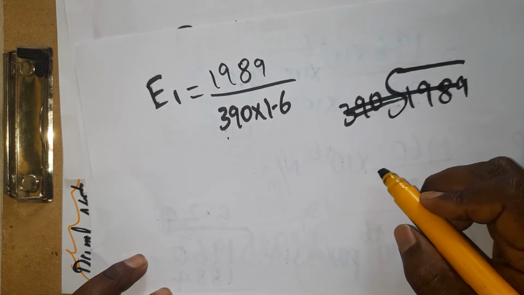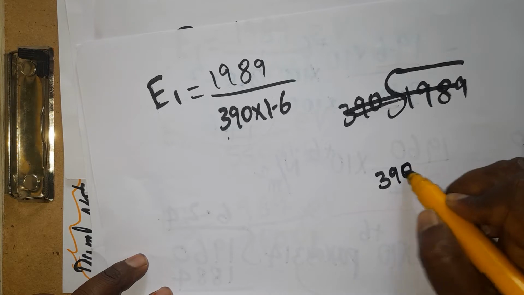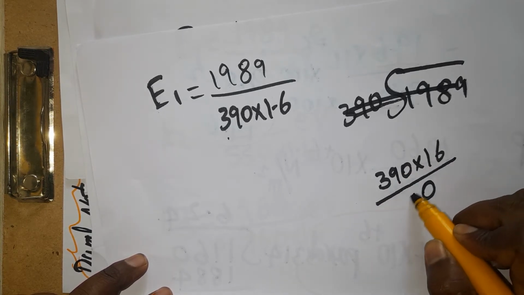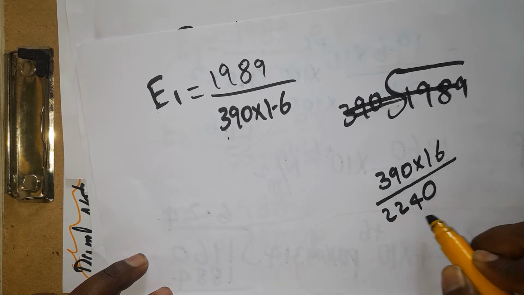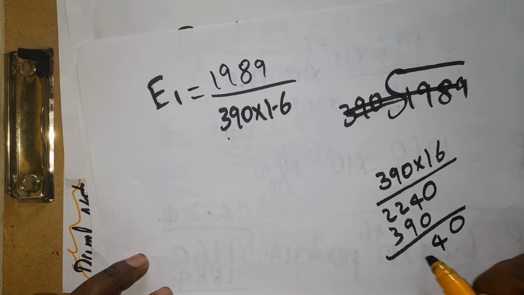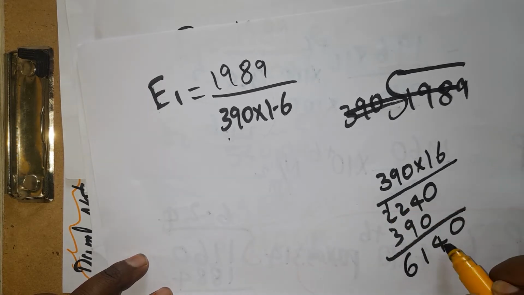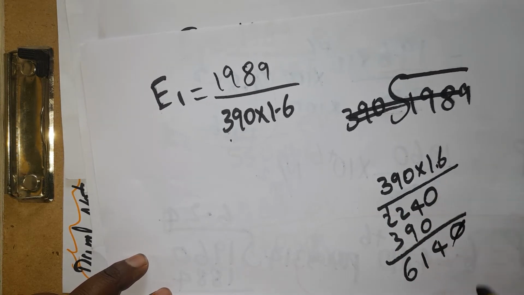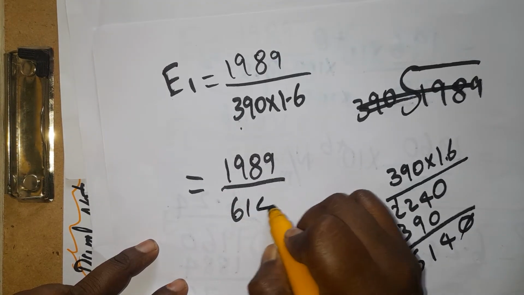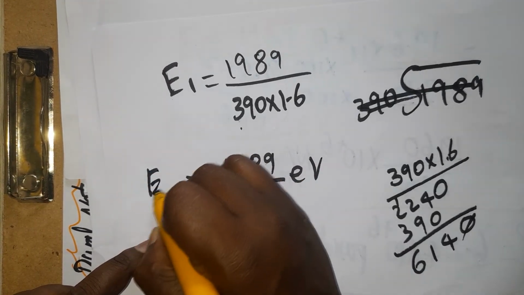For this multiplication, 390 into 1.6, what do I get: 0 4 2 2, the next is 0 9 3, the answer will be 0 4 1 1 6. One decimal is there, so you can remove this 0. So 1989 divided by 614 eV is for energy 1.